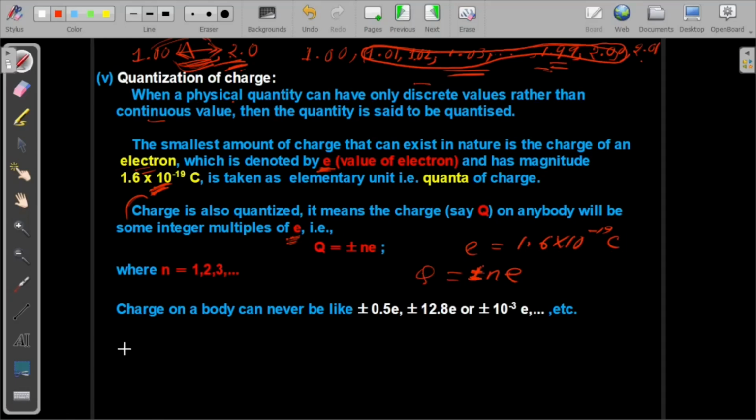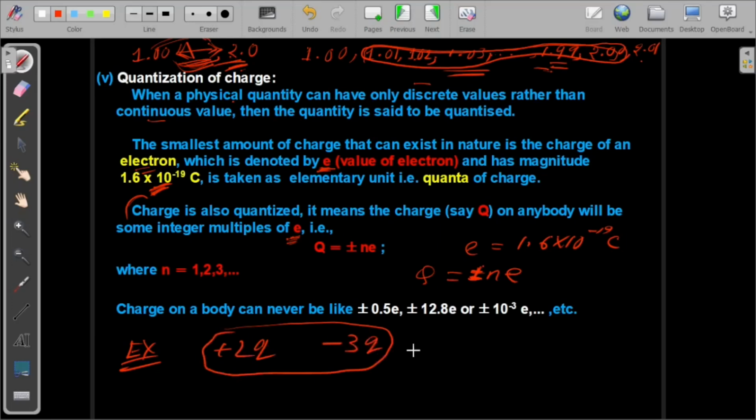Suppose one body has, I already took that example, plus 2 charge and minus 3. Suppose one body has 2 positive charges and 3 negative charges.